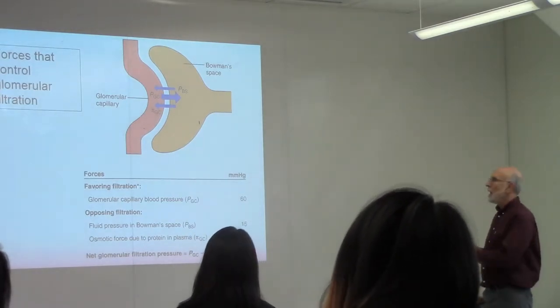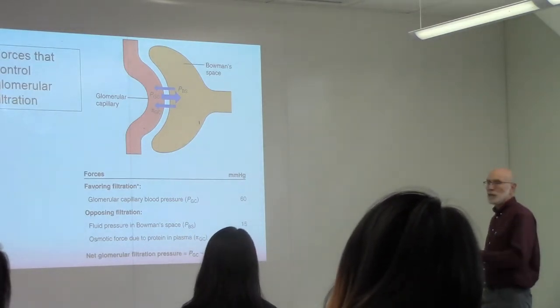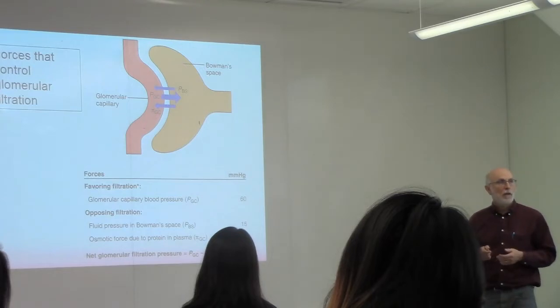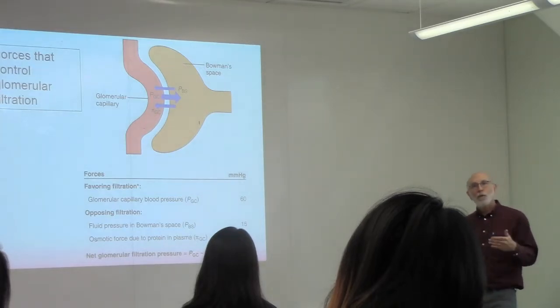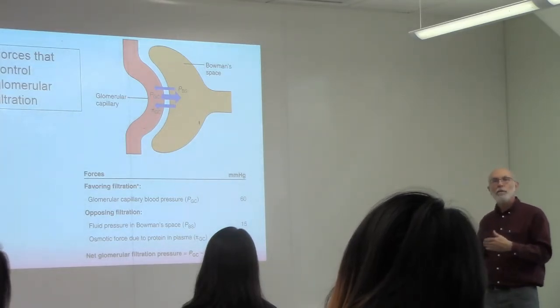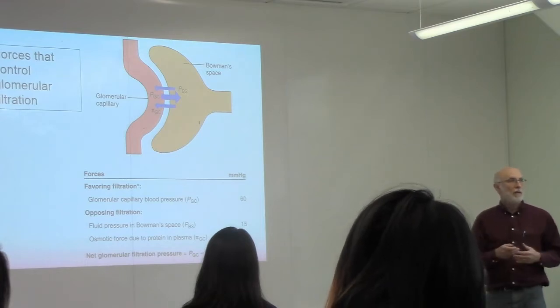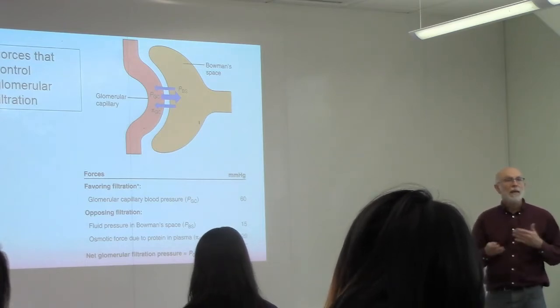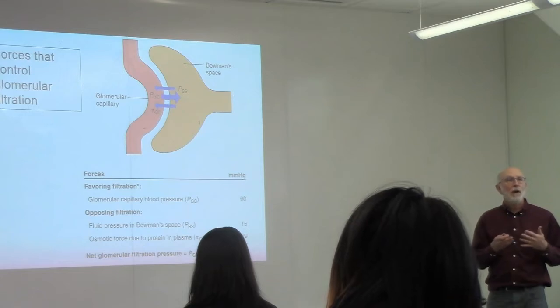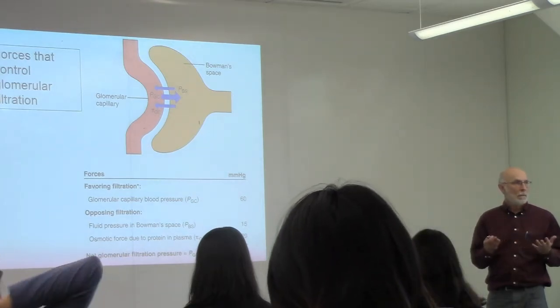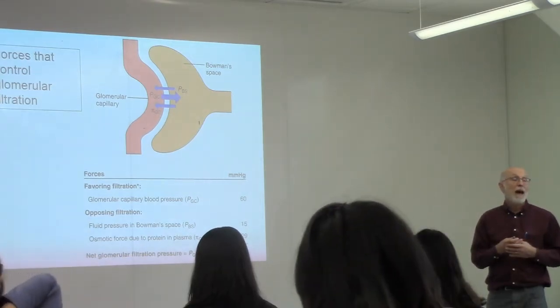That's osmosis, and those are osmotic forces or osmotic pressures. So remember, the osmotic forces drive water from low concentration of solute to high concentration of solute, trying to equalize the concentration of solute. This is passive.